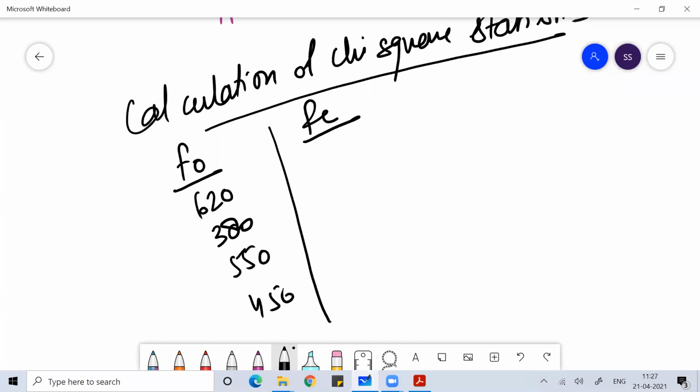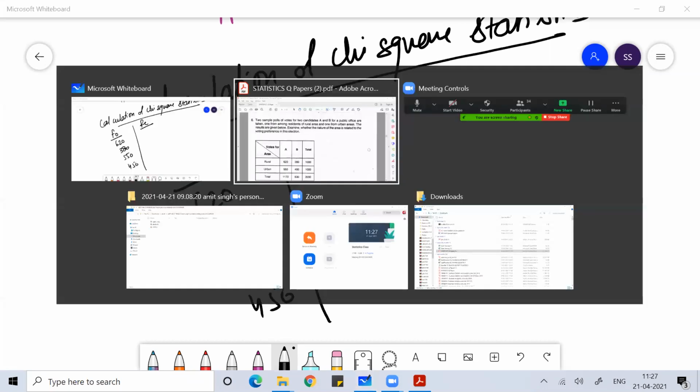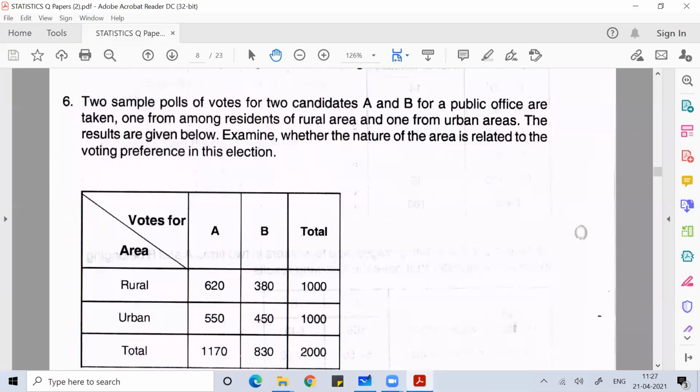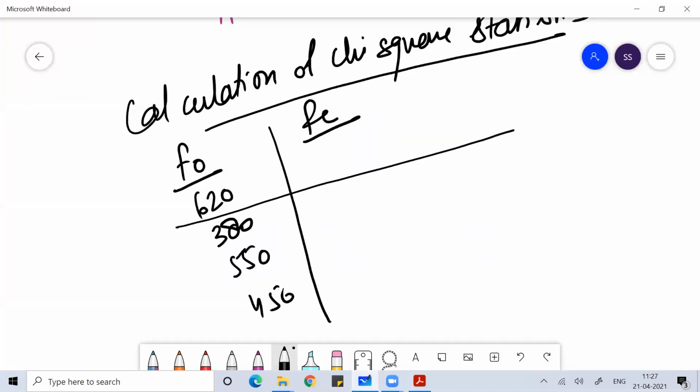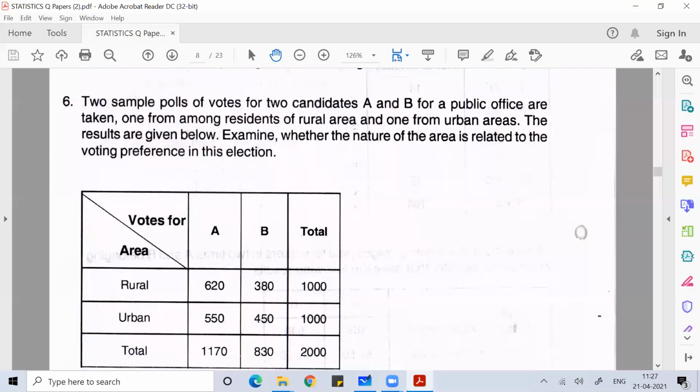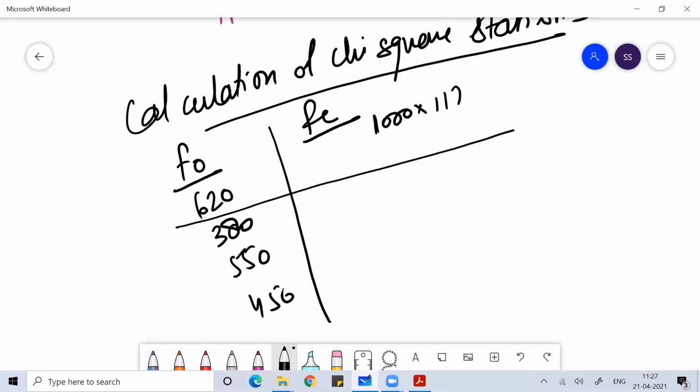We simply use the formula: row total into column total divided by the total value. So for 620, the total is 1000 into 1170 divided by 2000.